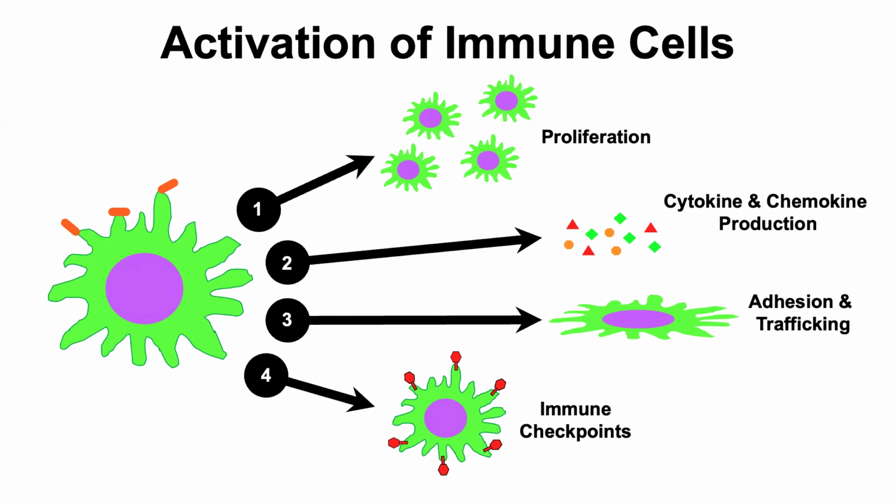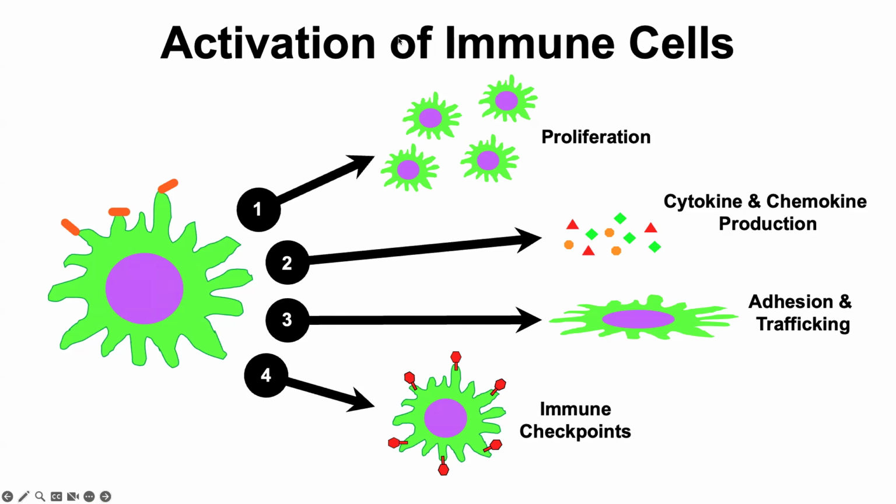But we don't want them to do that too much. And so they have these inbuilt systems where once they get activated, they start to put up molecules that serve as brakes to slow them down. So there's a big activation stage, as I'll show you in a second, and then the brakes get applied and start to slow the immune system down.